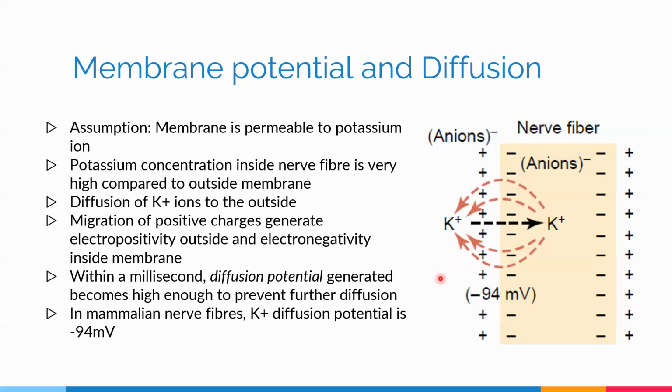We also have to understand that the diffusion potential sign depends on the charge of the cell membrane on the inside. Because diffusion of potassium was generating a negative charge, the diffusion potential has a negative polarity. And the magnitude is 94 millivolts, which means that if a diffusion potential of minus 94 millivolts is applied, then there will be no net diffusion of potassium ions.